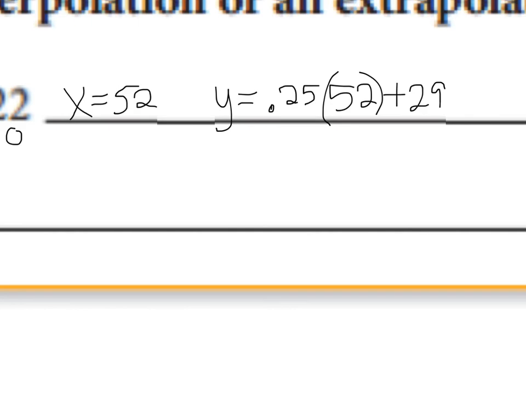Multiplying that and then adding 29 to that tells us the median age would be 42. Well, if I look at my x value of 52, and I think back to my chart, I went from year 0 to 40. 52 is past 40, so that means this was extrapolation.